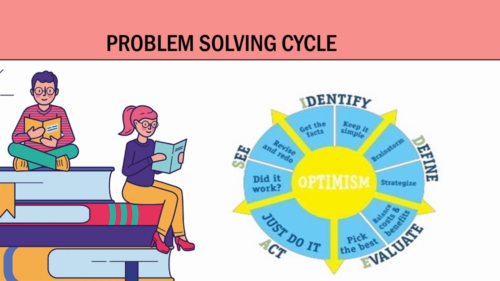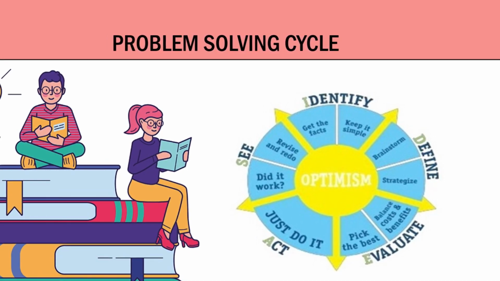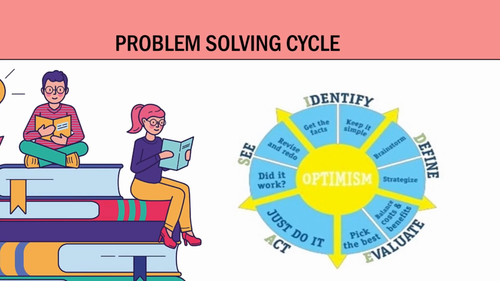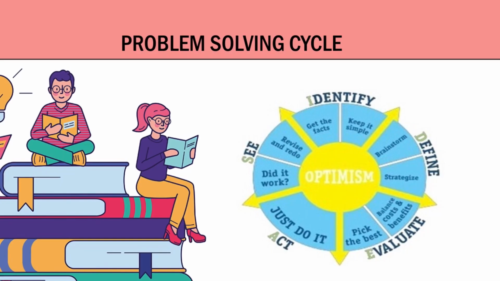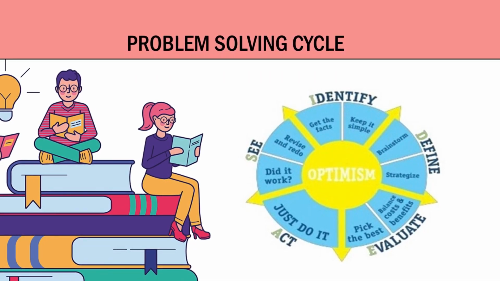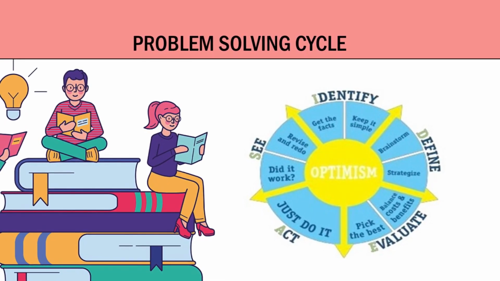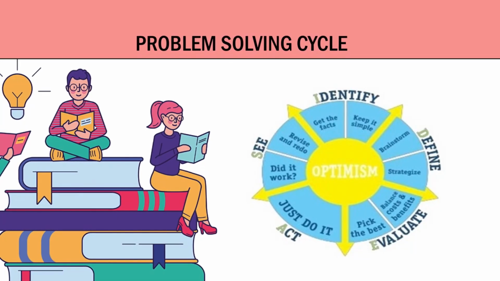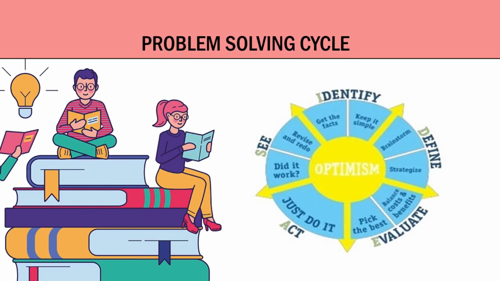Then you are supposed to evaluate the promising solutions, and to evaluate that you need to perform the cost and benefit analysis. On the basis of the outcomes of the cost benefit analysis of the different solutions, you pick the best solution and implement that. That means the next phase is your action.